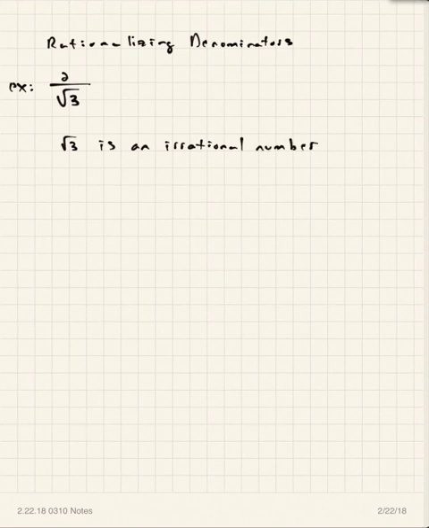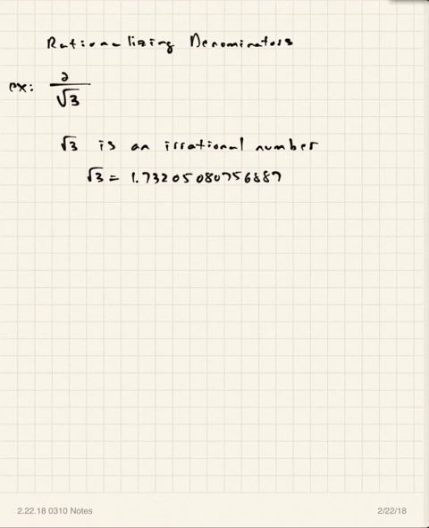If we look at the decimal for the square root of 3, let me actually write out the decimal for this. The square root of 3 is 1.73205080756887, like that.